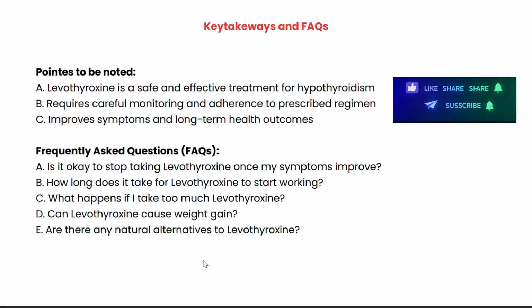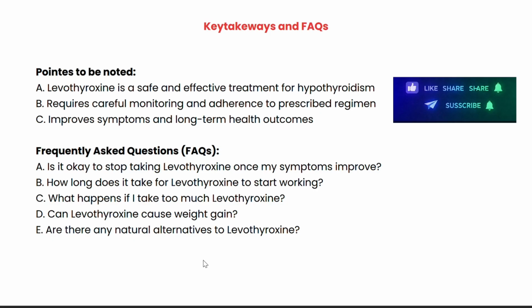How long does it take for levothyroxine to start working? The time it takes can vary from person to person. Some people may start to notice an improvement in their symptoms within a few weeks of starting the medication, while for others it may take longer, sometimes several weeks or a few months, to reach the optimal thyroid hormone levels and experience significant symptomatic relief.